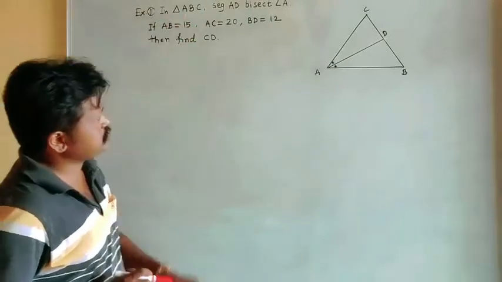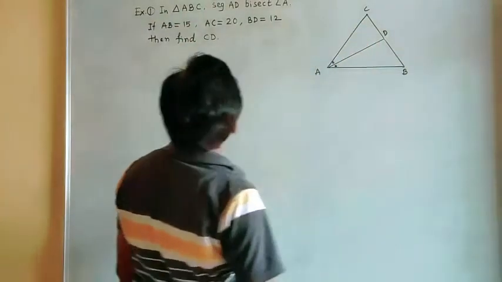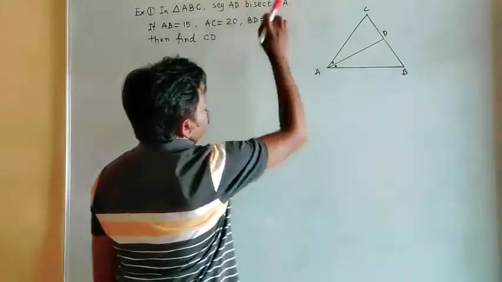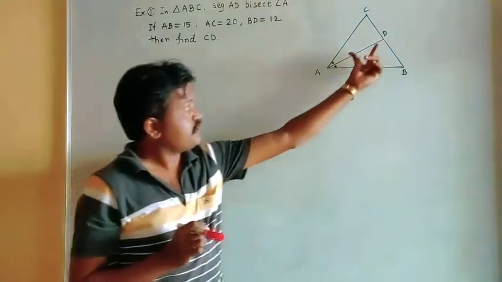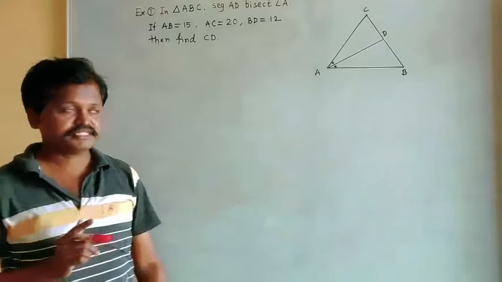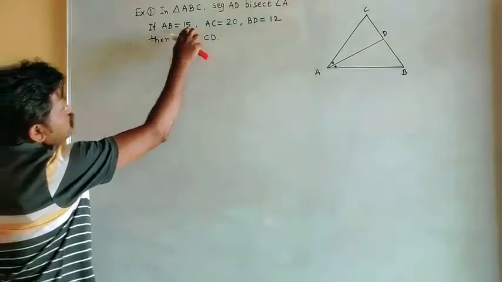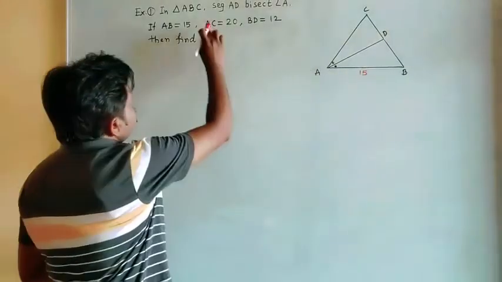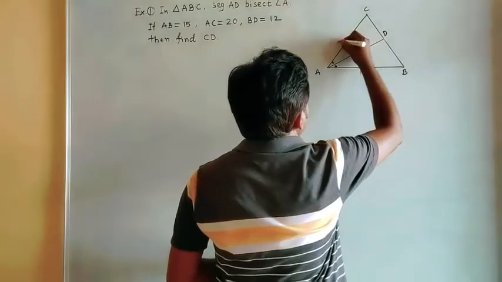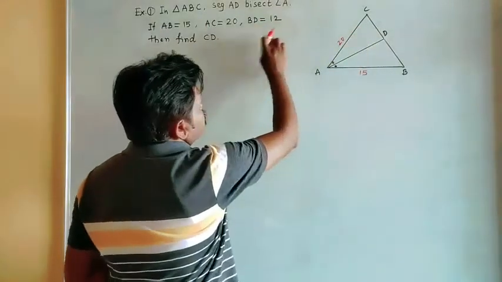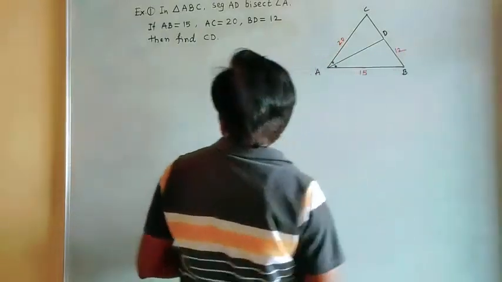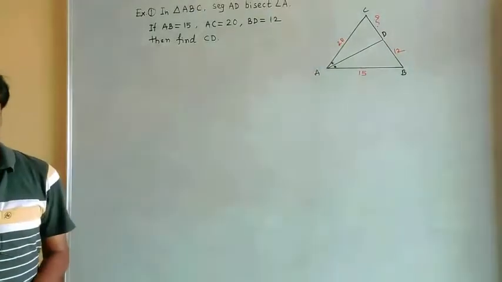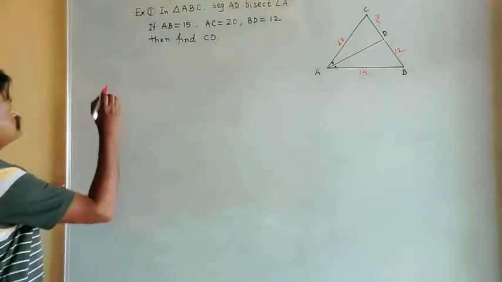In triangle ABC, segment AD bisects angle A. And if AB is equal to 15, AC is equal to 20, and BD is equal to 12, then find CD. We have to find CD. So write here first the solution.